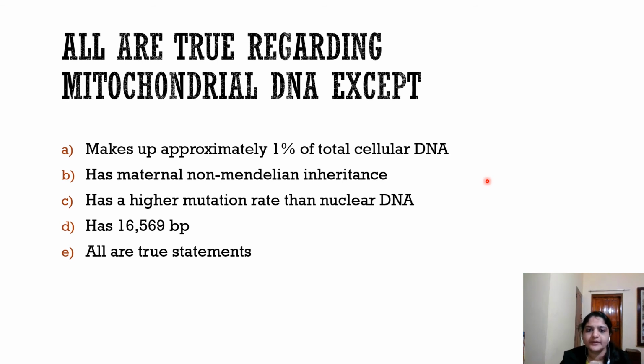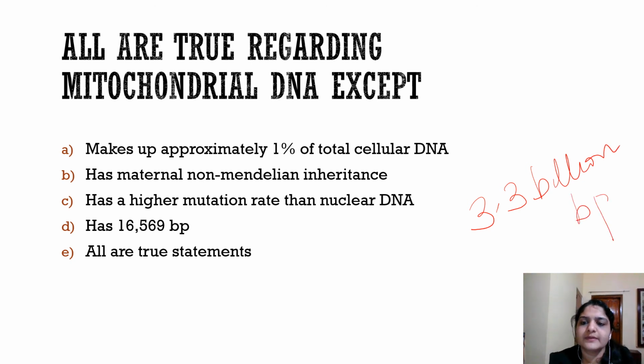So nuclear DNA has around 3.3 billion base pairs. So all the statements are true: makes up approximately 1% of total cellular DNA, has maternal non-Mendelian inheritance, higher mutation rate than nuclear DNA, 16,569 base pairs.